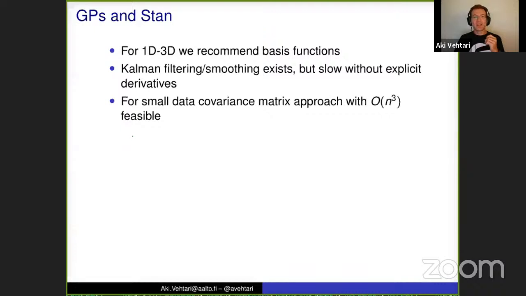But even then, for example, combining different covariance functions, adding together different covariance functions and making products, it gets slow with how the current autodiff is implemented in Stan.